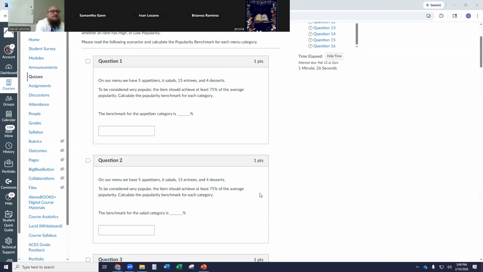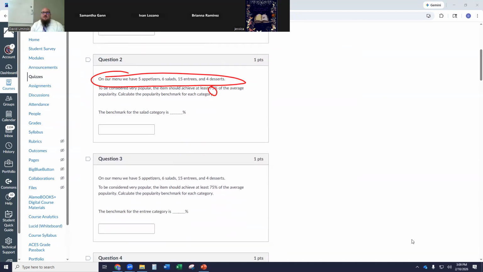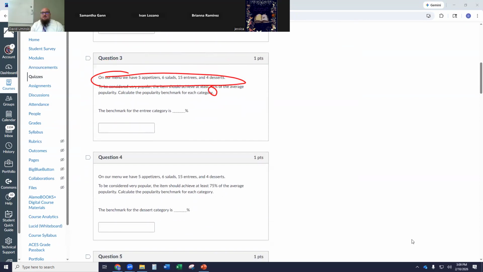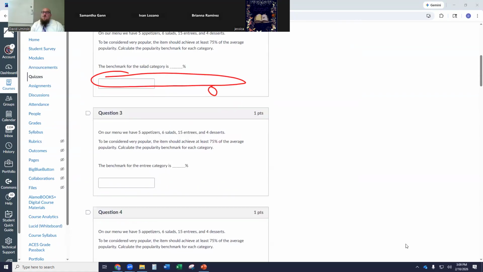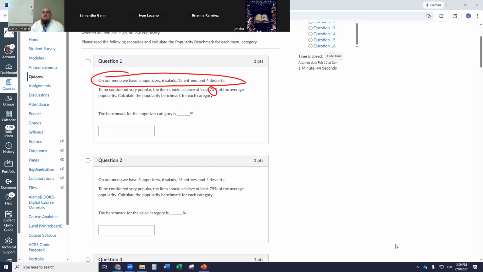You'll notice that these numbers and the percentage are the same for questions 1, 2, 3, and 4. What changes between the questions is the category that we're looking at.